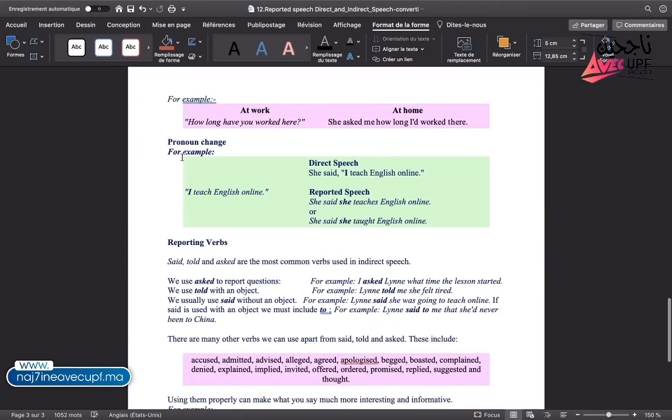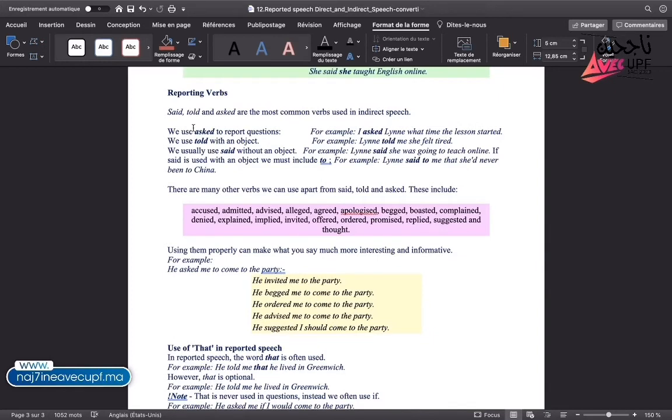Pronoun change, for example هنا في le pronom: I teach English online, direct speech, she said I teach English online. Reported speech: she said she teaches English online ولا she said she taught, teach كتولي taught, okay, she said she taught English online.